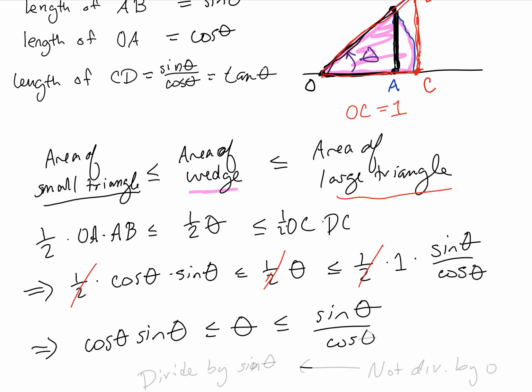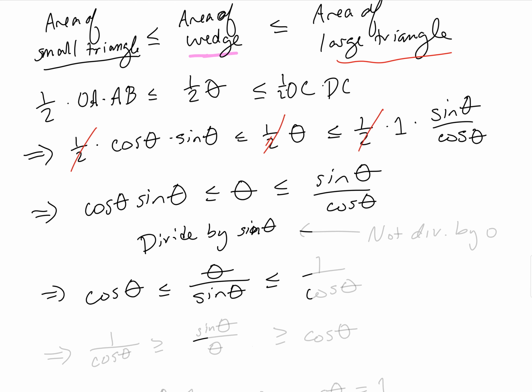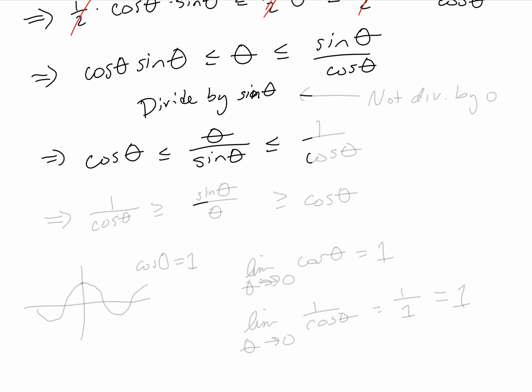Now let's think back to what we're trying to do. We are trying to squeeze sine theta over theta between two functions. So I can now divide by sine theta on all sides, and I've got that cosine of theta is less than or equal to theta over sine theta, which is less than or equal to 1 over cosine of theta.